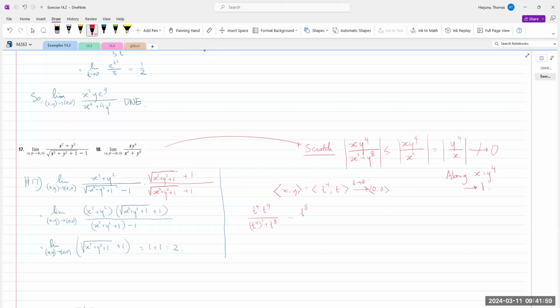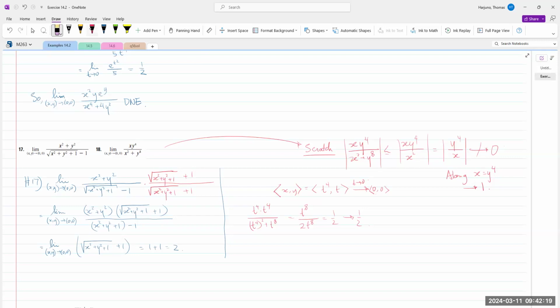That's t to the eighth over 2t to the eighth, which is 1/2. That converges to 1/2. So along the x or y axis the limit is 0, but along this (t to the 4, t), the limit is 1/2.